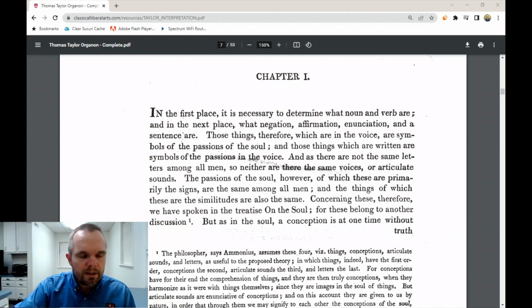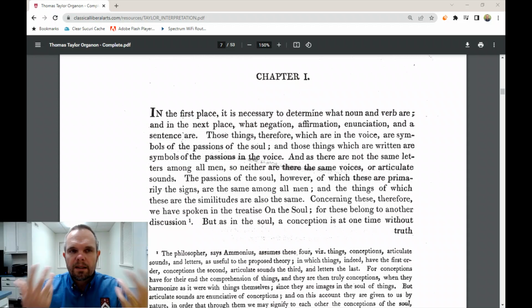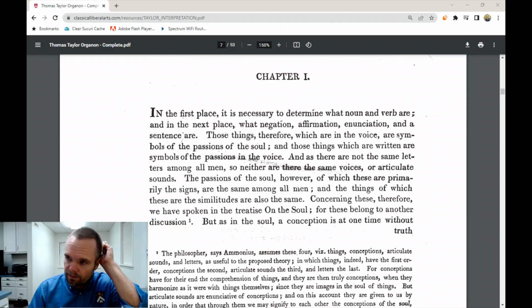So as we're studying the operation of the mind, which joins ideas together or divides them, joins them by making judgments where we say this is that, using the verb is, and dividing them by saying this is not that, the only parts of speech that are actually necessary for this act of judgment and speaking about these judgments would be a noun and a verb, or nouns and verbs.